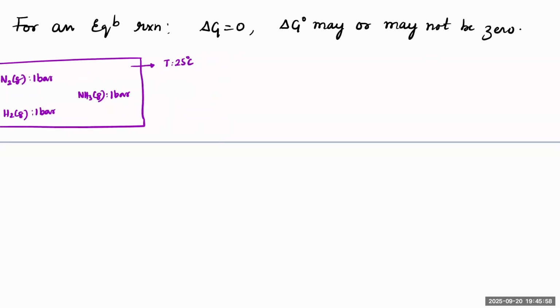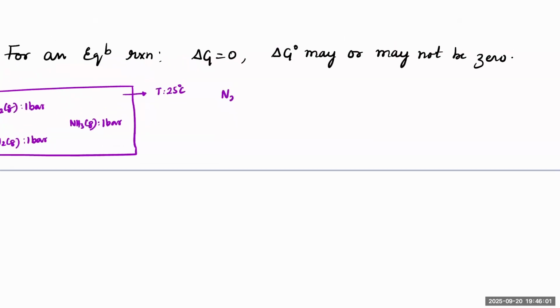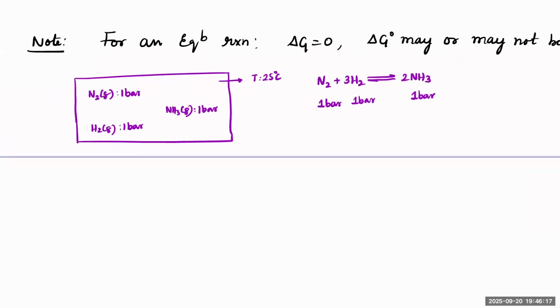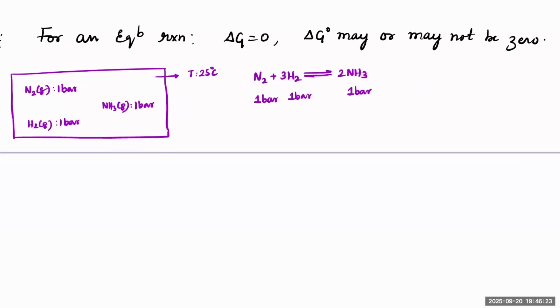At these conditions, we have N2 plus 3H2 giving 2NH3. Suppose this reaction takes place; you can see this is 1 bar pressure, this is 1 bar pressure, and this is 1 bar pressure. Correct? Now tell me, if there is no reaction happening, then what does that mean? Initially we have 1 mole, 1 mole, and 1 mole.